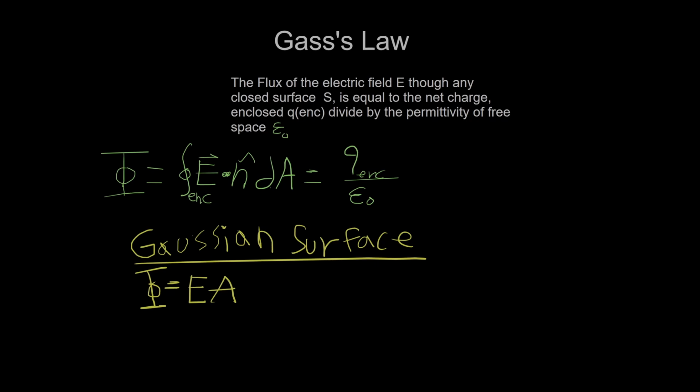We can draw a Gaussian surface within this object, which gives us the electric field times the area of the Gaussian surface equal to the flux. In our problems where we derive the equations, we will set these equal to each other so that we can find the electric field.